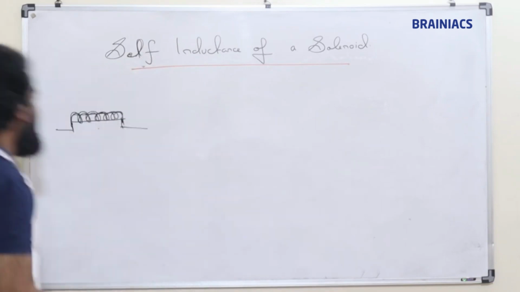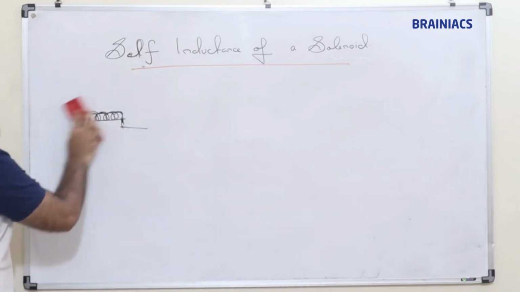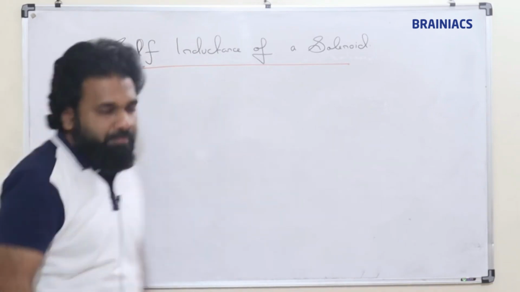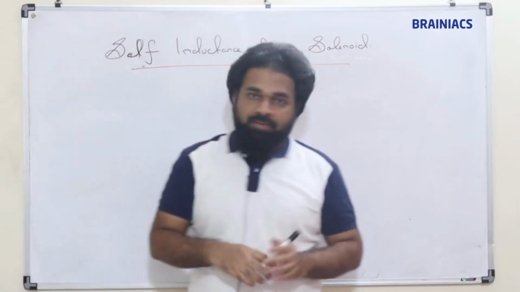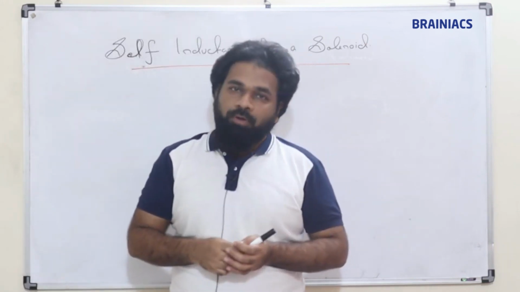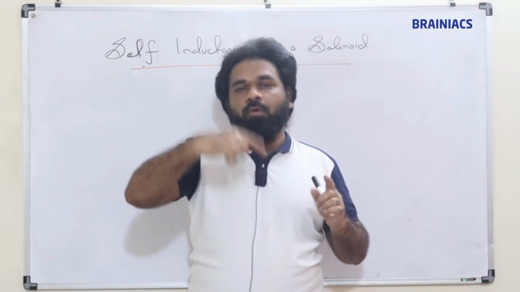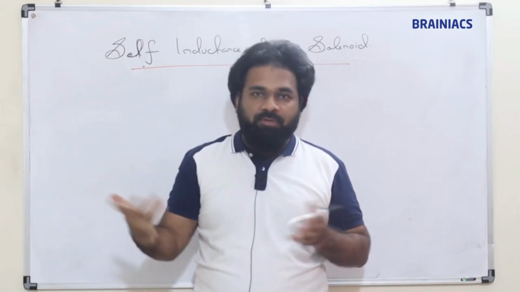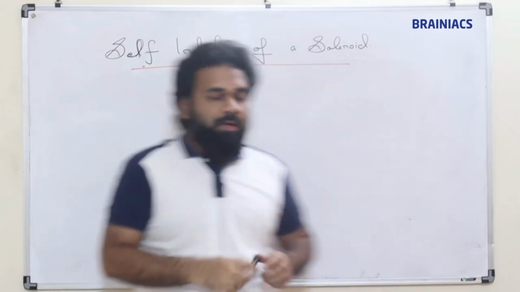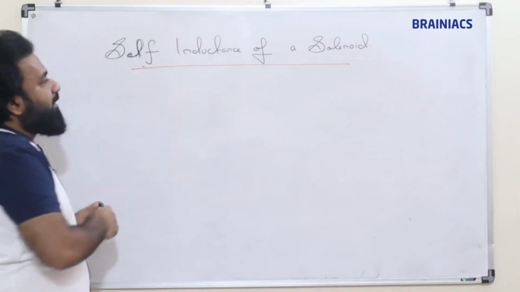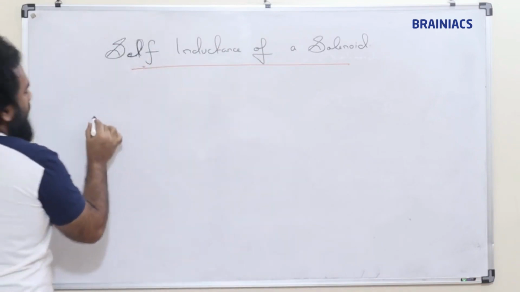So you know that the inductor which is used as a device is actually a soft iron core, and on that so many windings will be made, which is nothing but a solenoid. So self-inductance of a solenoid. What is a solenoid?